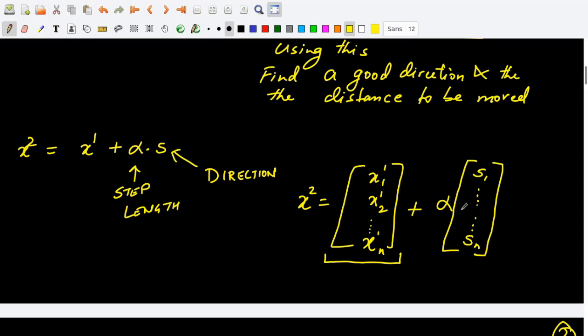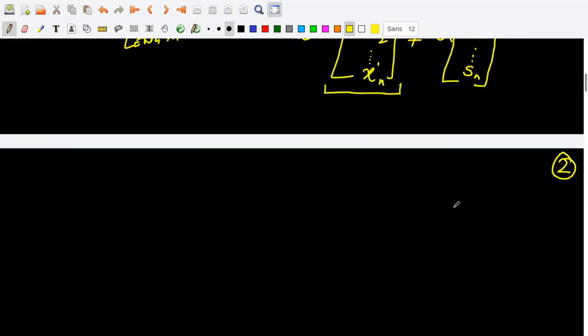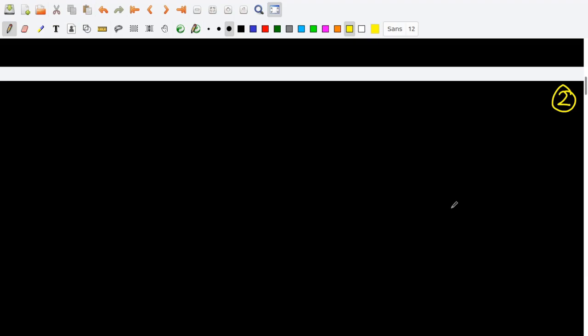So how am I going to estimate alpha and s? This can be found out using derivatives, which really estimate how the function changes as I move slightly in the neighborhood of the current point.